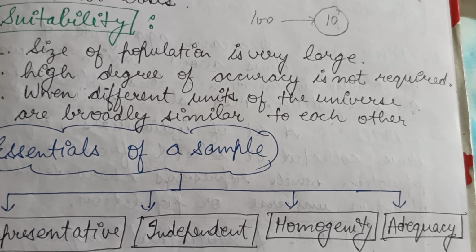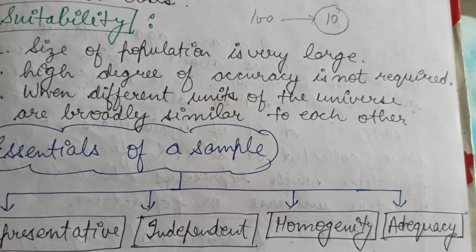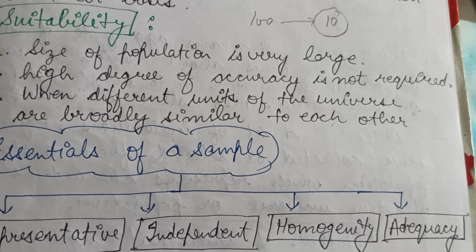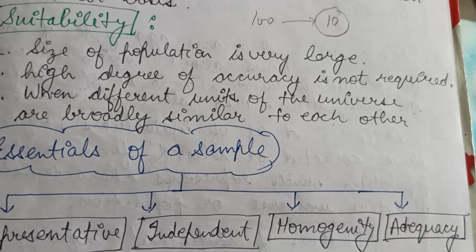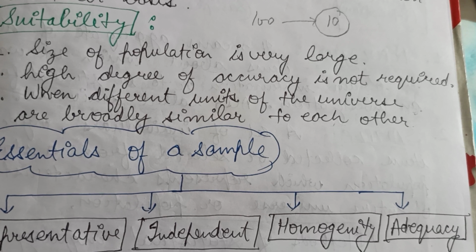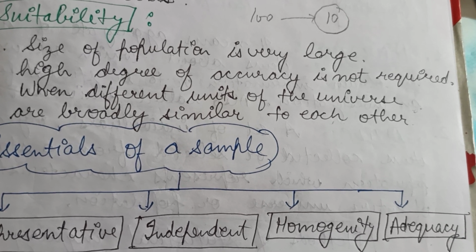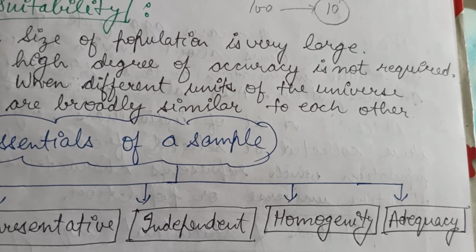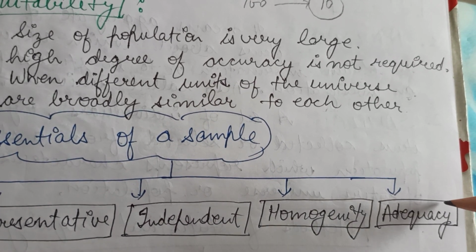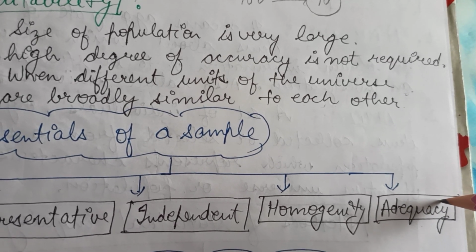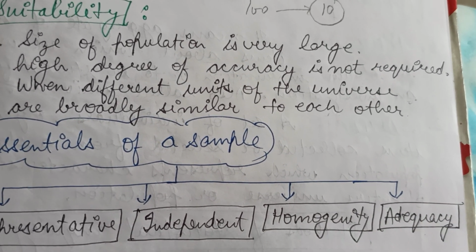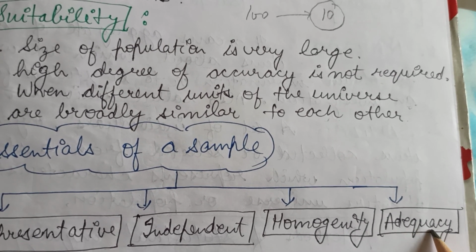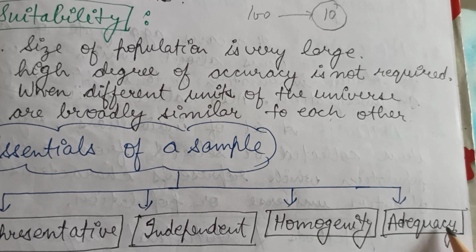For example, if the number of items in the population is 1000 and I take only 5 samples out of those 1000 items, the sample is not adequate enough to draw conclusions. Therefore, I must take an adequate sample. That is, if 1000 items are there in the population, I should take 100 items as a sample, which will be an adequate sample for my population.